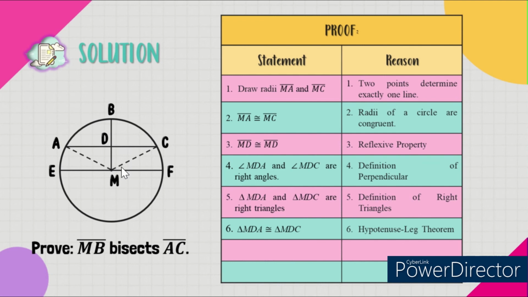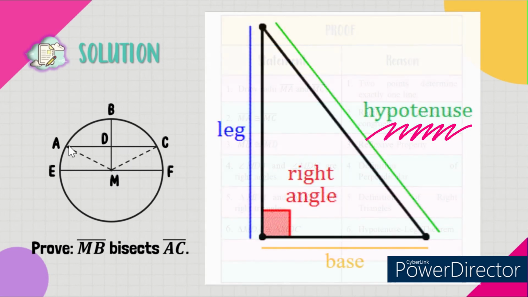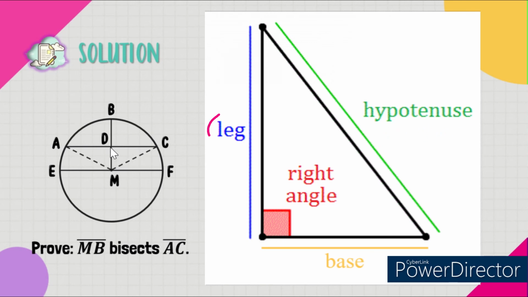This is the hypotenuse for triangle MDA, and this is the hypotenuse for triangle MDC, and both of them have this leg. Now this line segment AD is the base for the triangle MDA, and the base for triangle MDC is line segment CD.